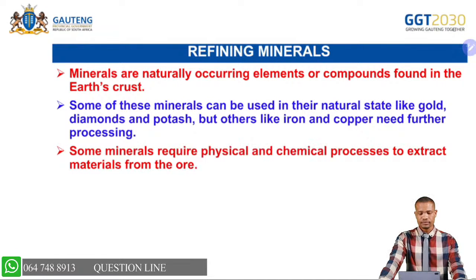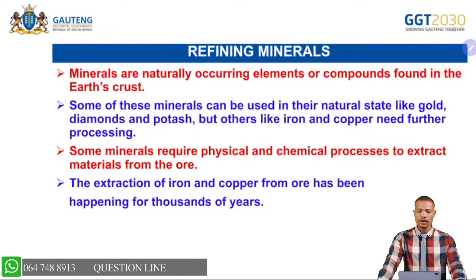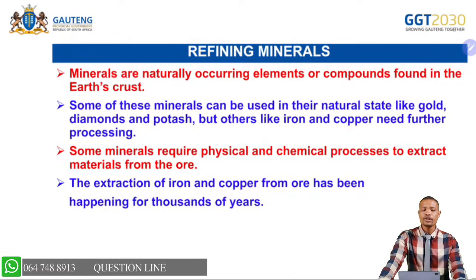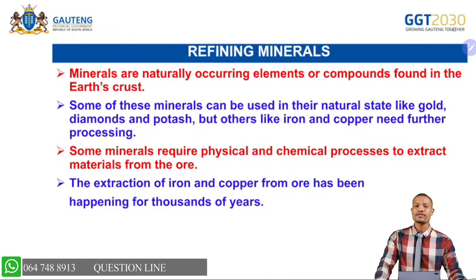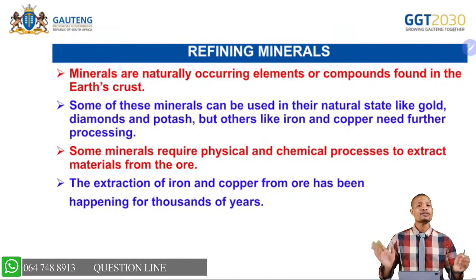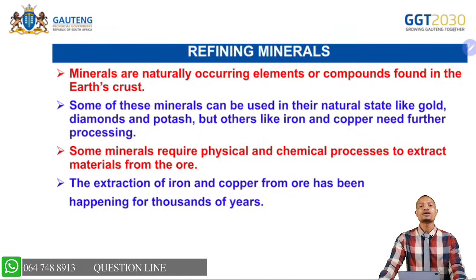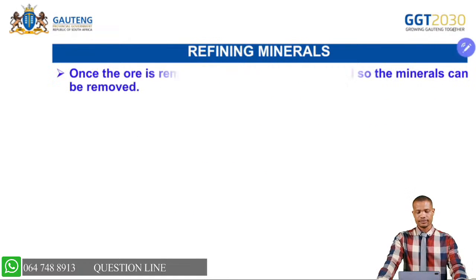Some minerals require physical and chemical processes to extract the minerals from the ore. The extraction of iron and copper from an ore has been happening for thousands of years. We've already established that mining is not a new thing. It's been going on for thousands and thousands of years.